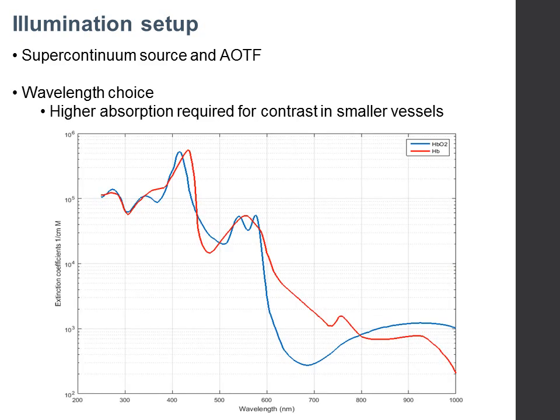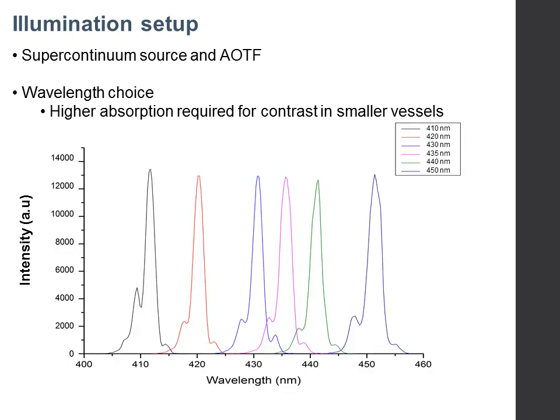So yeah, just to show you this graph of the extinction coefficients of oxyhemoglobin and deoxyhemoglobin, whereas a lot of retinal oximetry is done in the mid-500s. For these smaller vessels, we've used a range of wavelengths between 410 and 450 nanometers, so this is just the output of the tunable filter that we use.